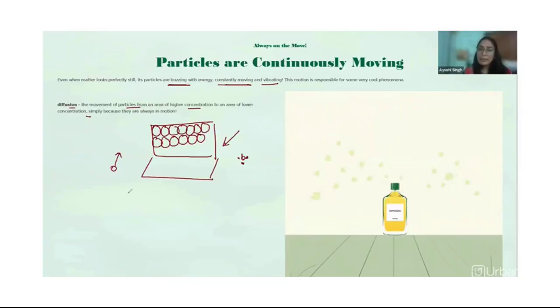Because when you sprayed the perfume, the gas particles started moving in the air and spreading out from the higher concentration, where the particles were more in number, to the lower concentration, where the particle number is less. This movement of particles from a higher concentration area to a lower one is called diffusion.